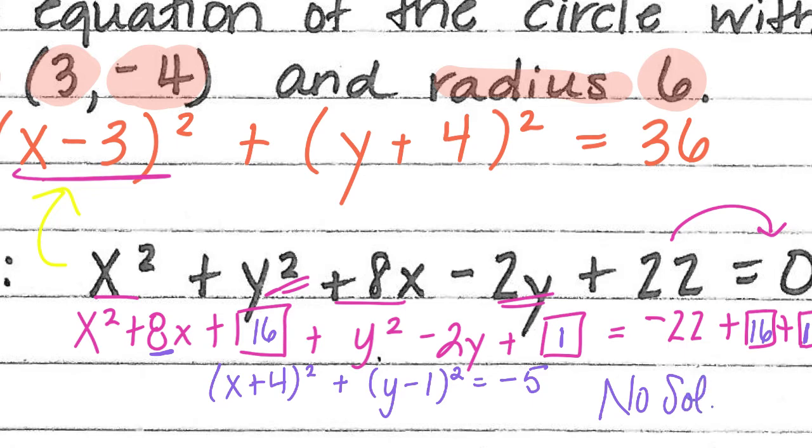Well, that was a great question because it did teach us how to complete the square. But let's go ahead and I'm going to take this orange one and show you how to graph it. Okay, so the orange equation said (x - 3) quantity squared plus (y + 4) quantity squared equals 36.